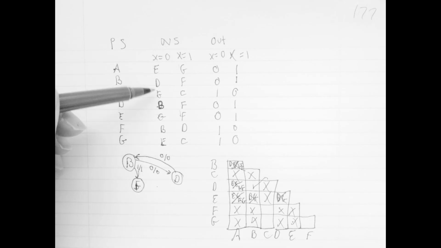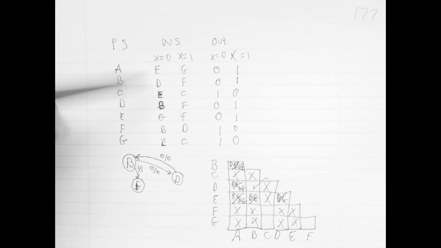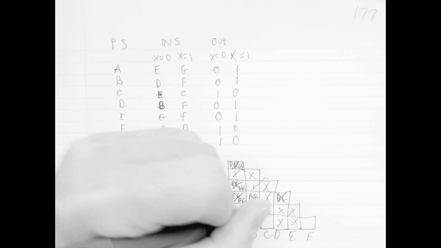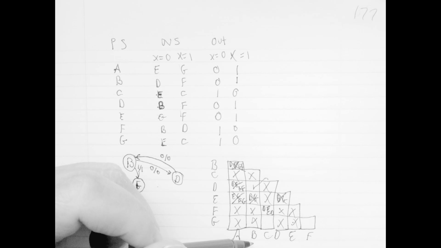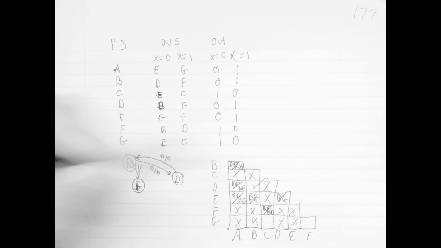C to F, that's an E. C to F is BE, CD. So let's look up BE. BE's been eliminated, so we can eliminate that.